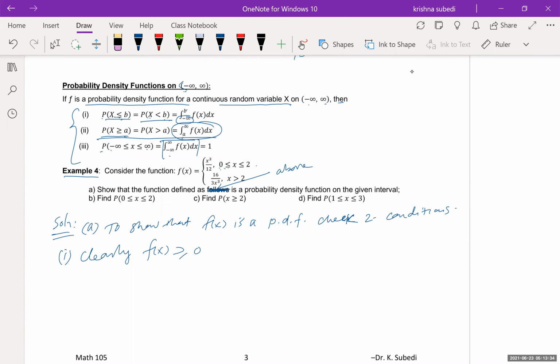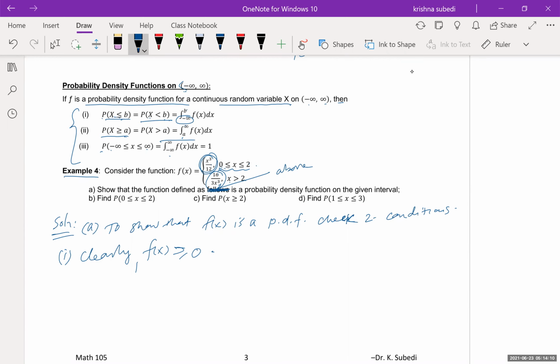Remember here, no matter what value you plug in between 0 and 2 in this function x cubed over 12, you will never get a negative value. And also for any value greater than 2 in 16 over 3x cubed, you will never get a negative value. So clearly f of x is non-negative. Okay, it's pretty obvious. You don't need any rocket science to know that. It's just a common sense thing.